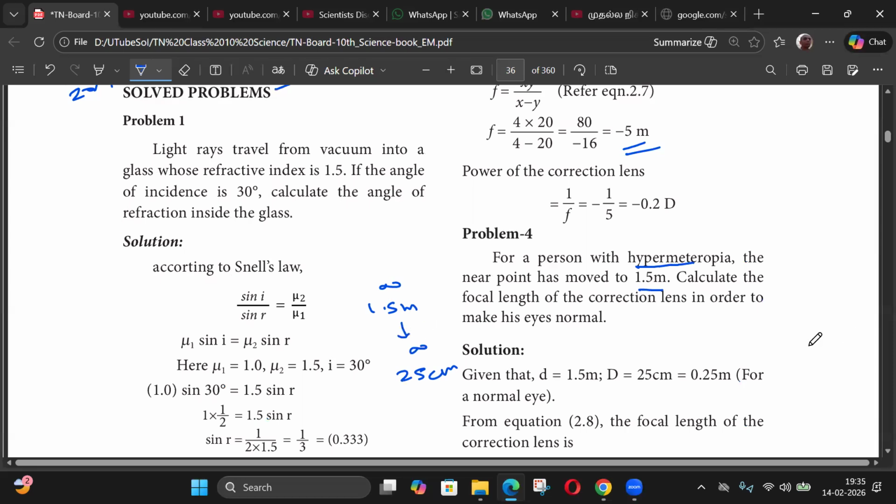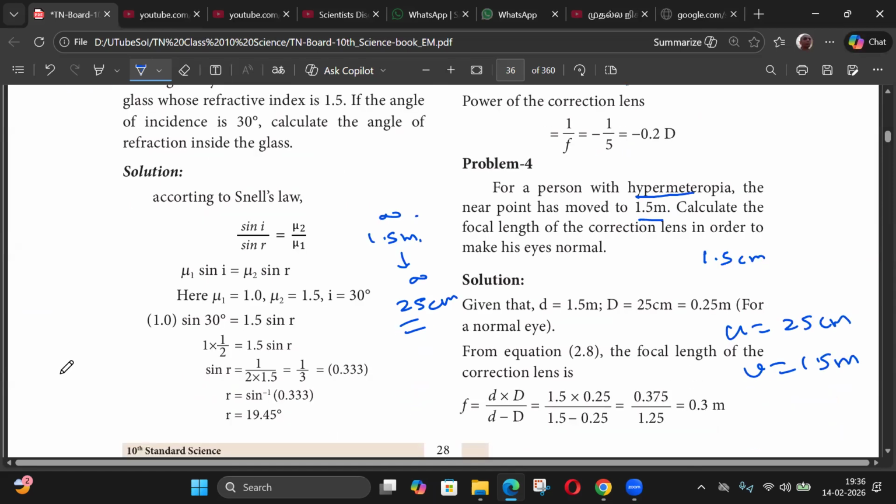So whatever is at 25 centimeter should go to 1.5 meter, because he can see from 1.5 meter to infinity. He cannot see 25 centimeters. So U is 25 centimeter and V is 1.5 meter. So this V will act as a U for the eye lens.